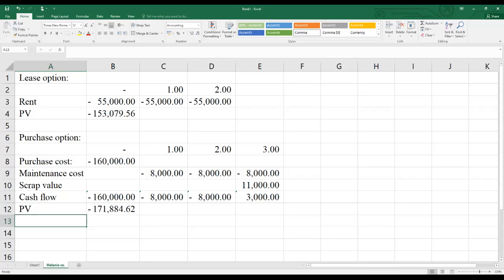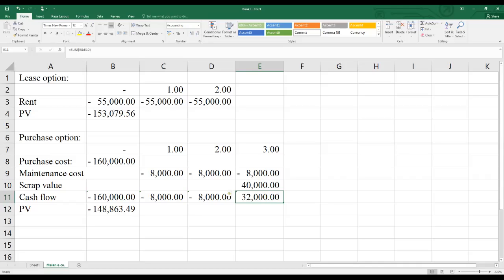The machine would have a residual value of 40,000, not 11,000. I think I read the wrong paragraph. The machine would have a residual value of 40,000 at the end of its life. Yes, thank you, John. Again, they have 40,000 as a cash inflow, as a scrap value as at year 3.